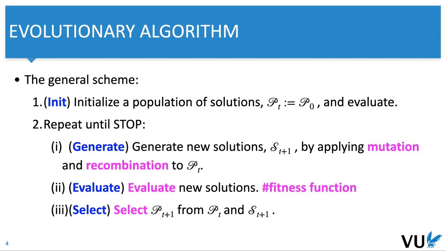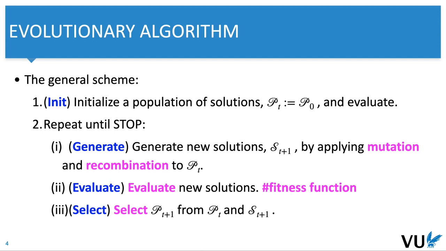And now I want to highlight the following things. First, we have mutation and recombination. These two operations we need to specify somehow for a given representation. Then we need to evaluate, so we need to define what our fitness function is.